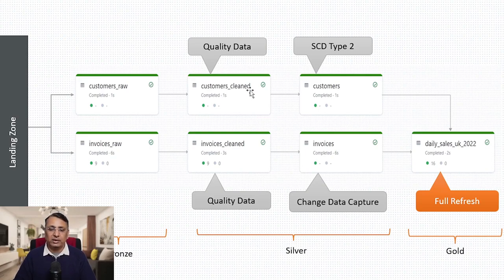So we want to create one more table. Table name is customers cleaned, and fill data from customers raw into customers cleaned, filtering out some poor quality records. So how to do that in DLT? That's the next step. So let's try to learn that.